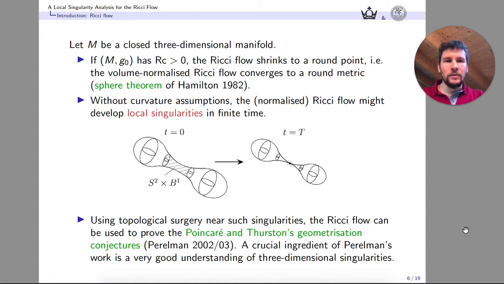Okay, to understand this now a little bit better, we will look at a few pictures of Ricci flows. The pictures that I will show you are not actually precisely computed simulations, but more kind of artists' impressions of Ricci flow, so they're not up to scale.